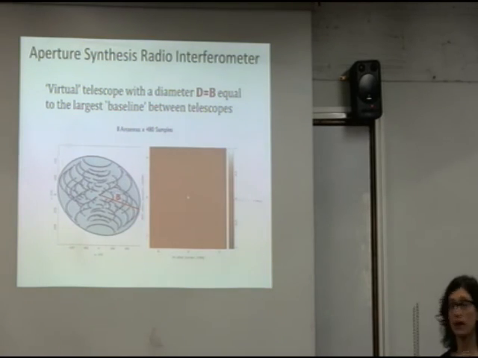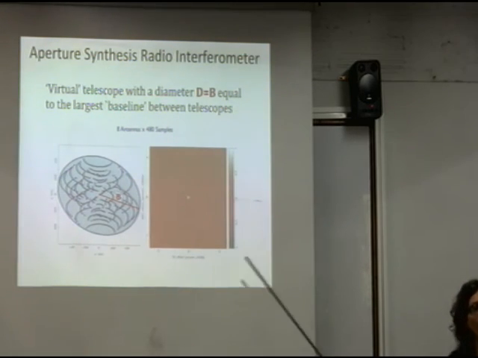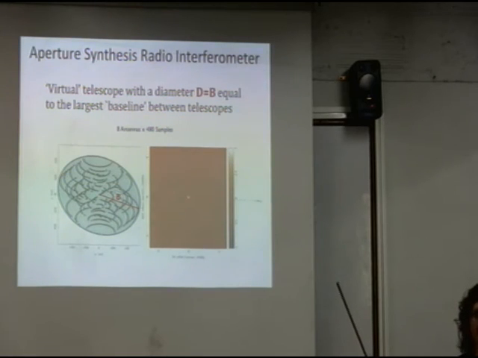Anything smaller will be broadened to this resolution. You cannot make it better than that. So the image of the dirty beam tells you how good your observations are at resolving. It's like your CCD cell resolution.